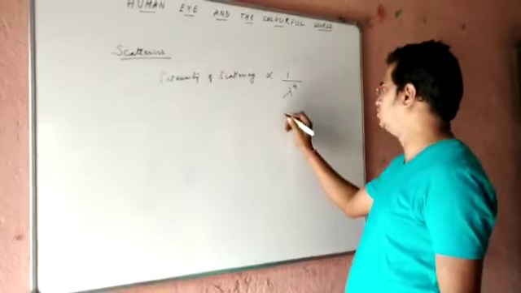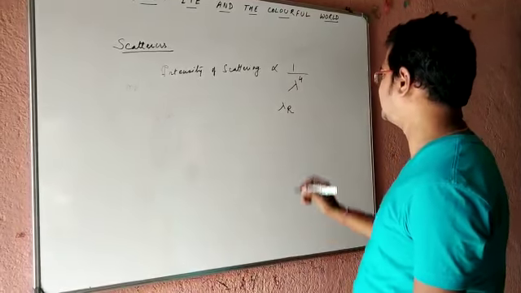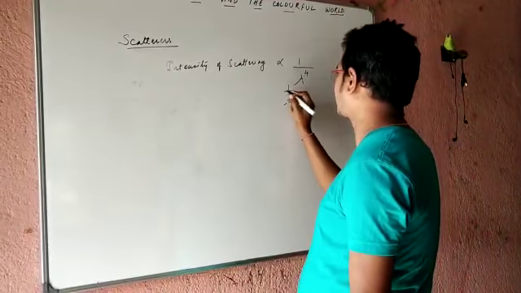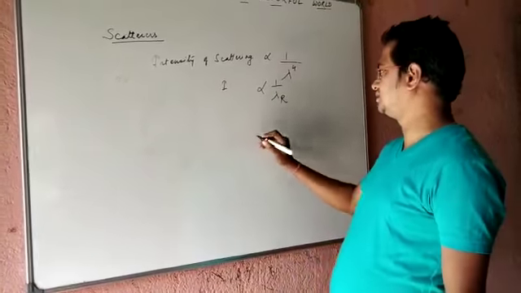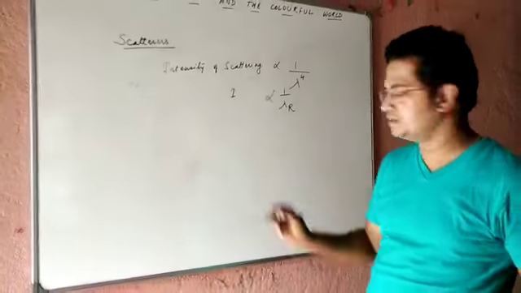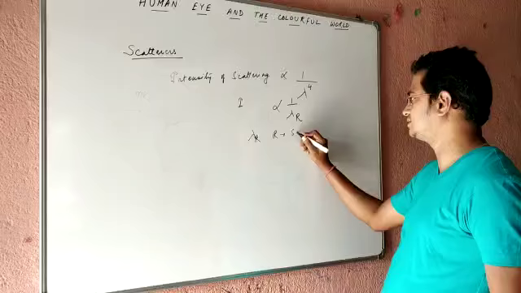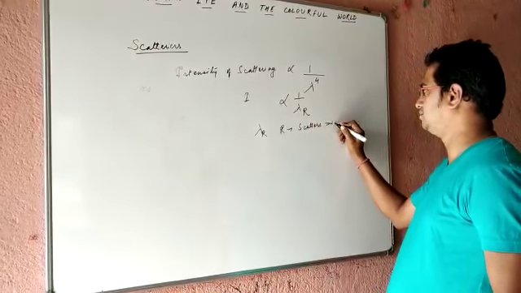From here you know that red has maximum wavelength. So we can say that since red has maximum wavelength, the intensity of scattering will be least. So which color scatters minimum? Red color, red scatters minimum.